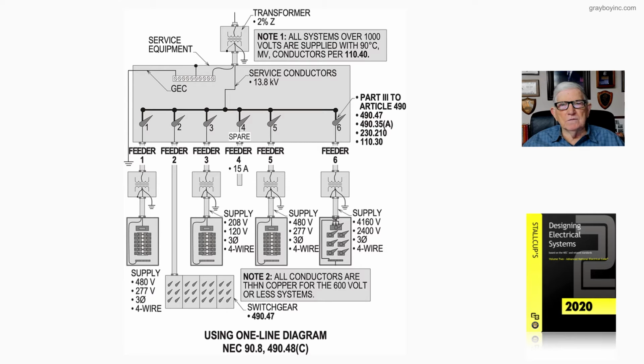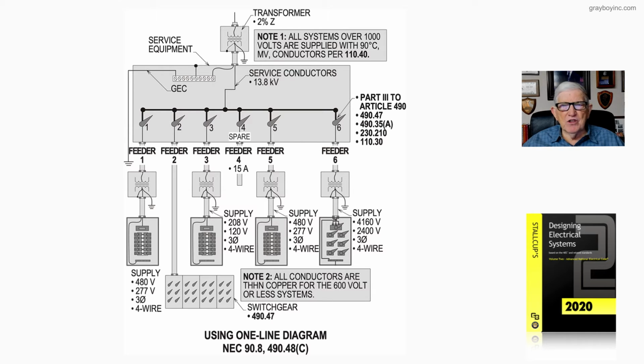Now, Note 1: all systems over 1,000 volts are supplied with 90 degrees C terminals, and you'll be using medium voltage or higher voltage. Notice those terminals are 90 degrees C; 110.40 specifies that. Now, the conductors in the conduit or cables, you're going to go to the new Article 311 to determine those ampacities by using one of those tables that deals with your installation.